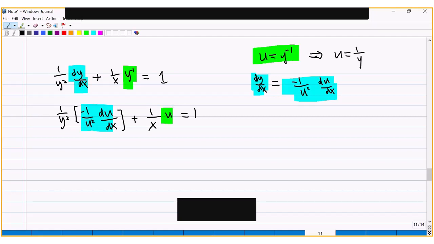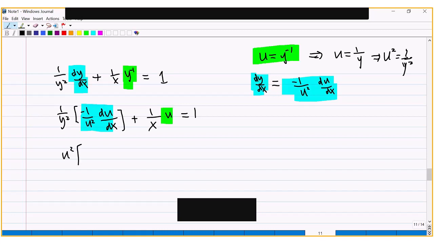So 1 over y squared is actually u squared. Because I don't want any y, this 1 over y squared is your u squared here.